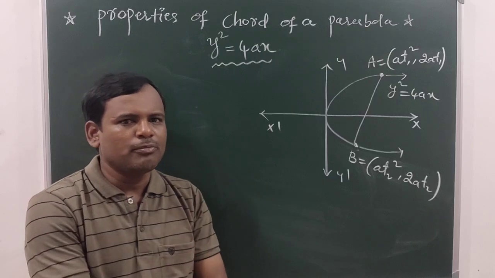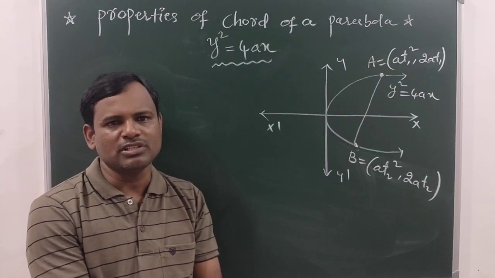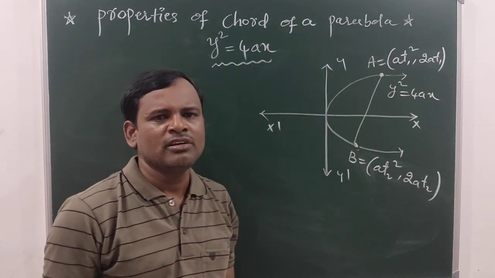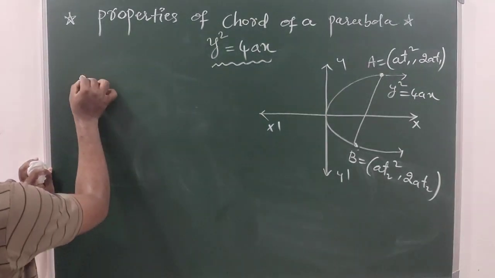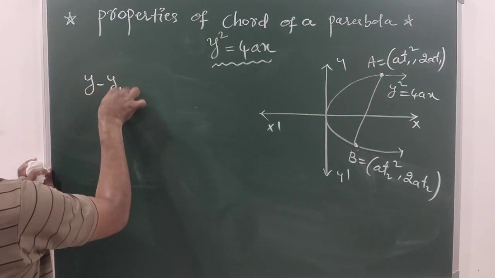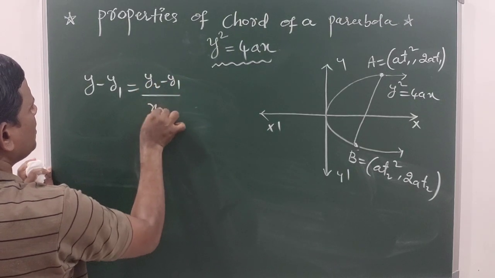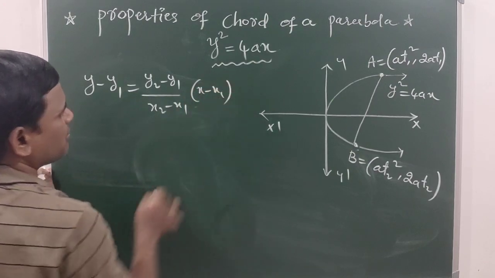So instead of applying the rule S1 plus S2 is equal to S12, to find the equation of this chord, here I am using the 2 points form of a line equation. You know that: y minus y1 is equal to (y2 minus y1) by (x2 minus x1) of (x minus x1).